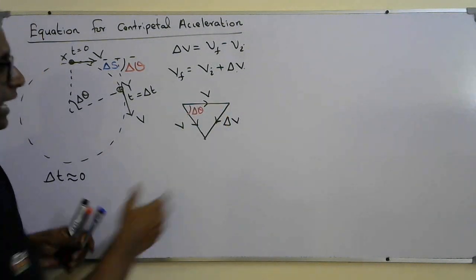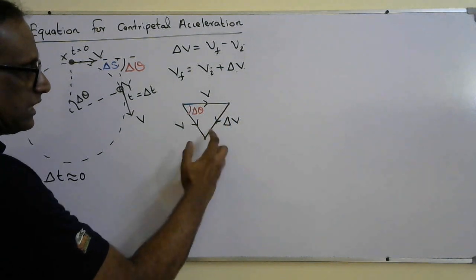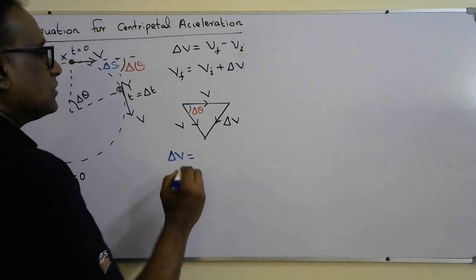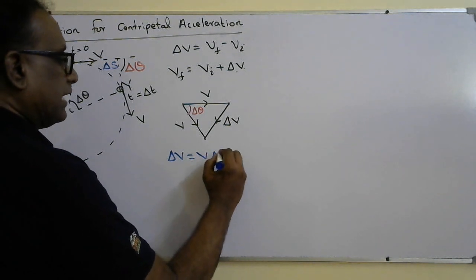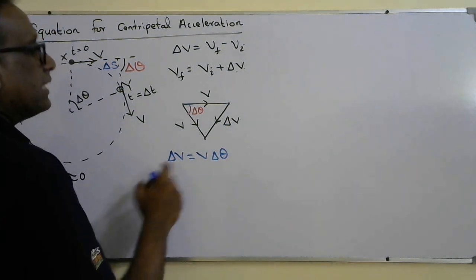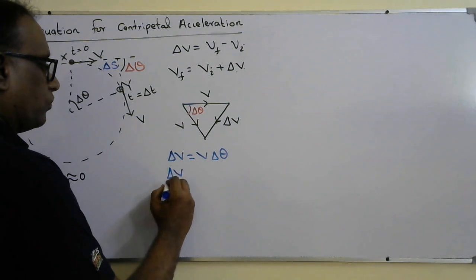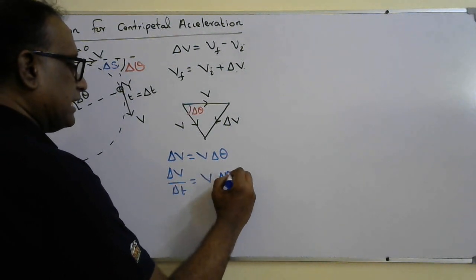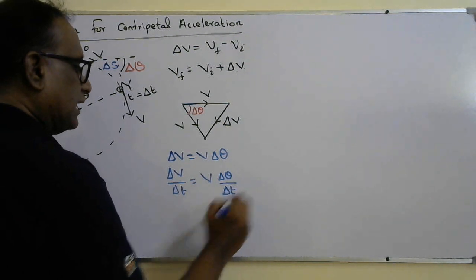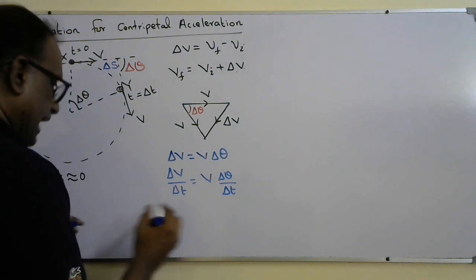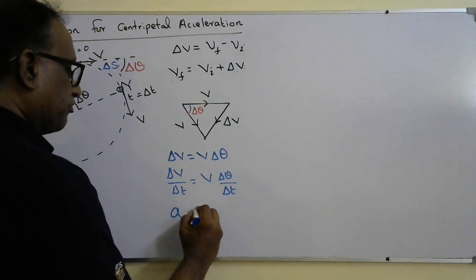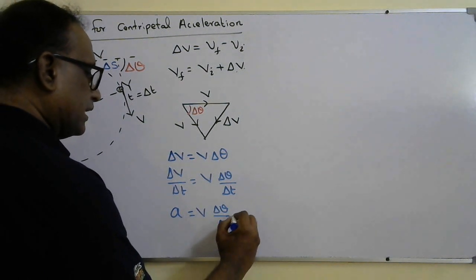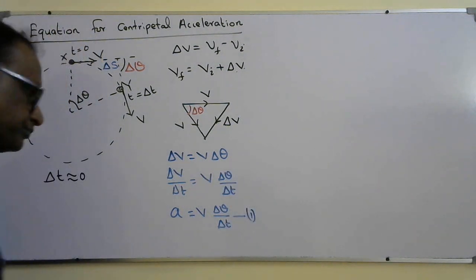So for a small angle, whether it's a straight line or curve, I can say delta v is equal to v delta theta. Divide this by time: delta v over delta t is equal to v delta theta over delta t. So delta v over delta t is the acceleration. a equals v delta theta over delta t. Keep it as the first equation.